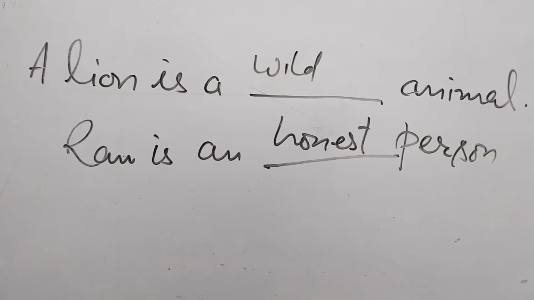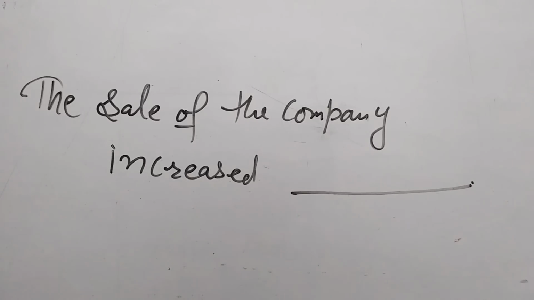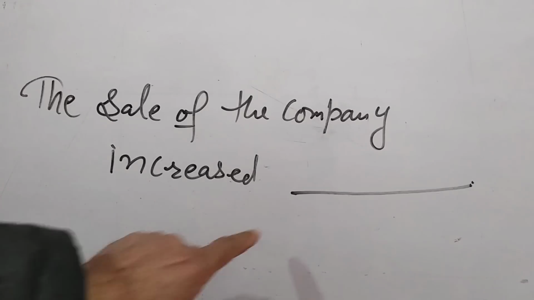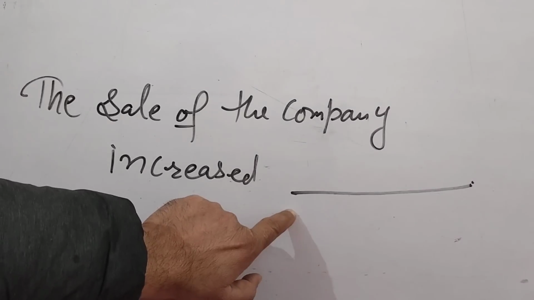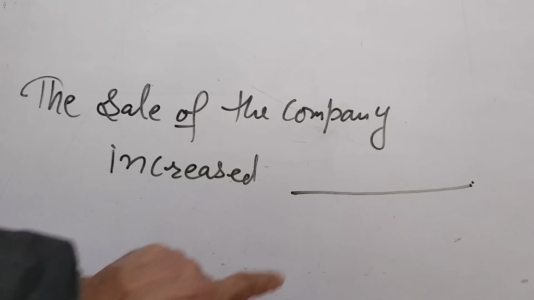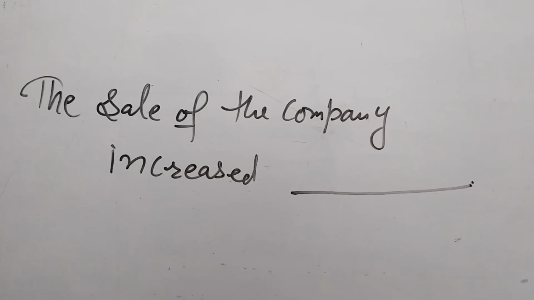In this way, suppose there is another question: the sale of the company increased. Now after the verb, the next word that you have to fill should always be an adverb. You have to search for a word in the passage that ends in the ly form.